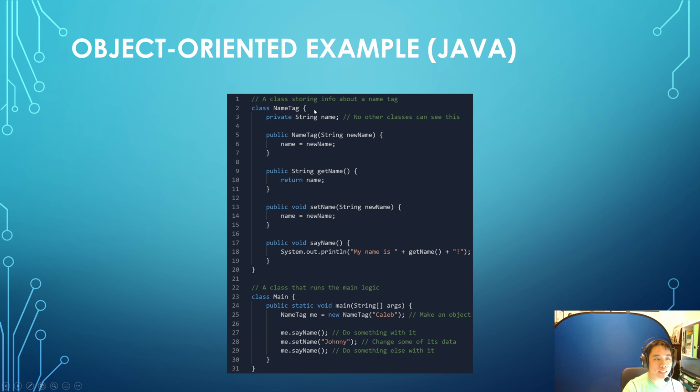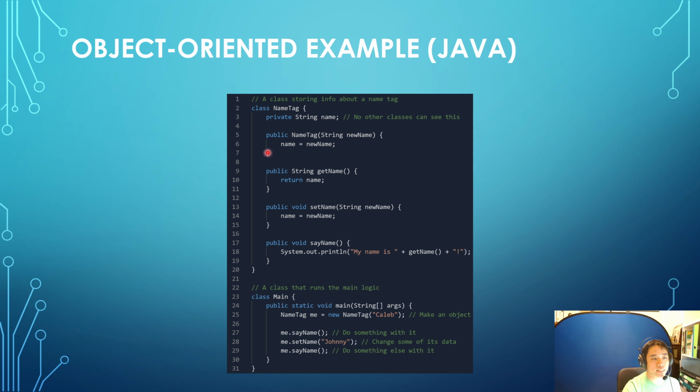We have the name tag class and main class to run the program. So first, let's head to the name tag class. So we have the name of the class, name tag, and then we have the property called name to store the name on our name tag. We can make a new name tag using a constructor. You can recognize a constructor by checking if there is a return type and if the name of your method is the same as the class's name.